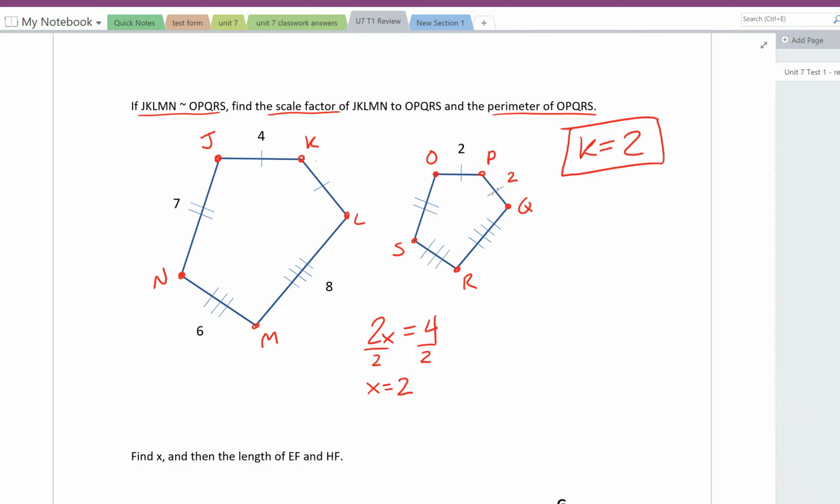All right, well, if I know the scale factor is 2, it means that whatever this side is, OS is, it had to be multiplied by 2 to get 7. So 2 times whatever OS is gives me 7. So if I just divide this side by 2 and this side by 2, it's going to tell me what OS is. So OS is 7 divided by 2, which is 3.5. So this side right here would be 3.5.